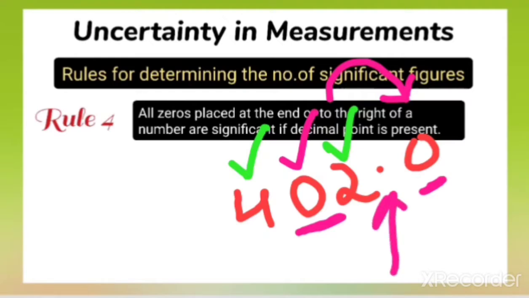And you can check here, there is a decimal point, so this zero can be significant. So it is very important: the zeros which are at the end, if there is a decimal point, we have to take these zeros as significant figures.